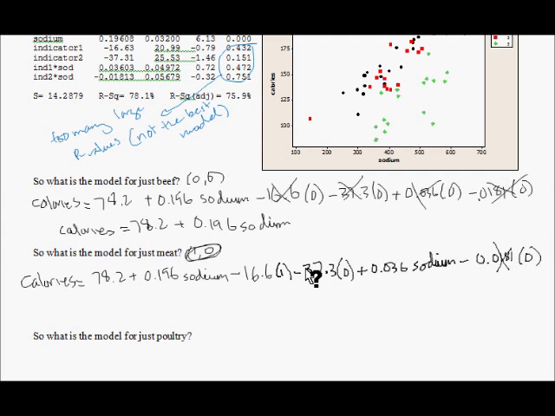So the indicator 2 terms disappear, but we still have the indicator 1 terms. So calories is equal to 78.2 minus the 16.6. That's the intercept, plus 0.196 plus 0.036 times sodium. That's going to be the slope.